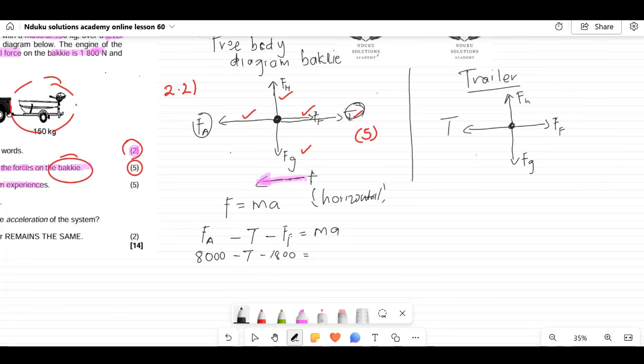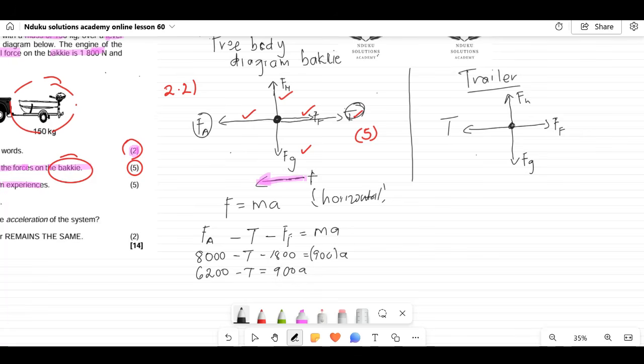The mass was actually 900, so we have 900 multiplied by the acceleration. Then you can simplify this. So you'll get 6,200 minus T, which will be equal to 900 multiplied by a.